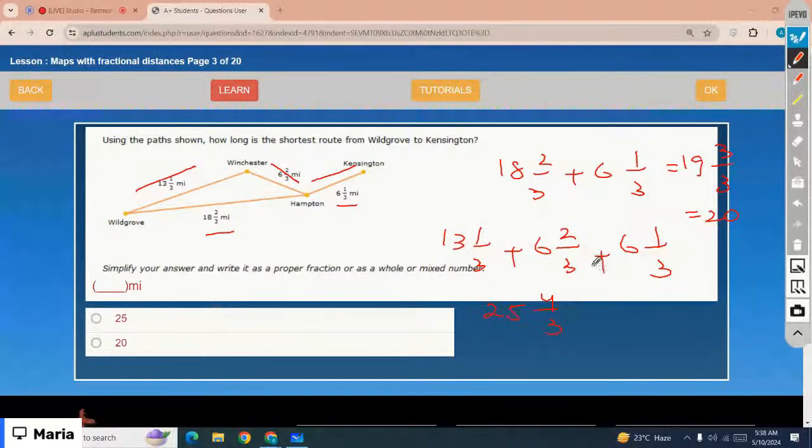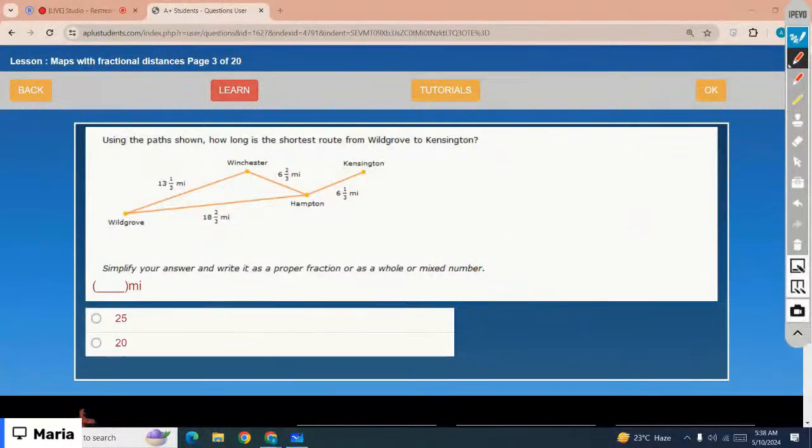So the shortest route you have to find. 20 is the shortest route, that is 25 whole 4 by 3. The shortest route is 20 miles. Got it? The correct option is 20 miles.